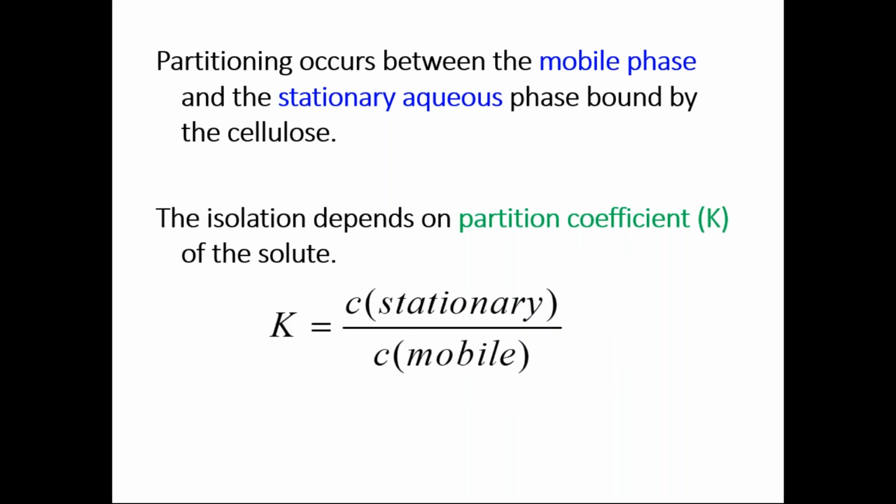So the partition coefficient K is given by the concentration in the stationary phase divided by the molar concentration in the mobile phase, not very different or exactly the same as the distribution coefficient.